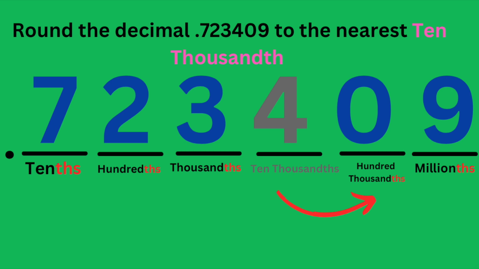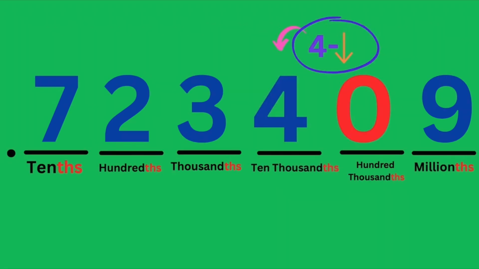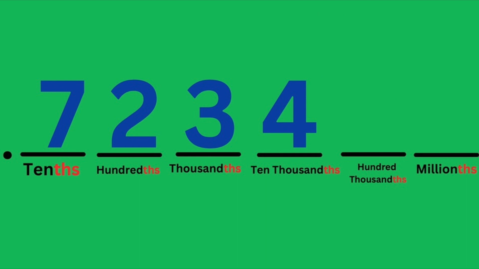So in order to round this decimal to the nearest ten-thousandth, we have to look at the ten-thousandths place, which is the 4 value, and look to the place value right next to it and decide based on that number if we would round it up or down. Because the place value next to it is a 0, which is less than 4, we'd round down, or in other terms keep it the same, which would give us the answer 0.7234.